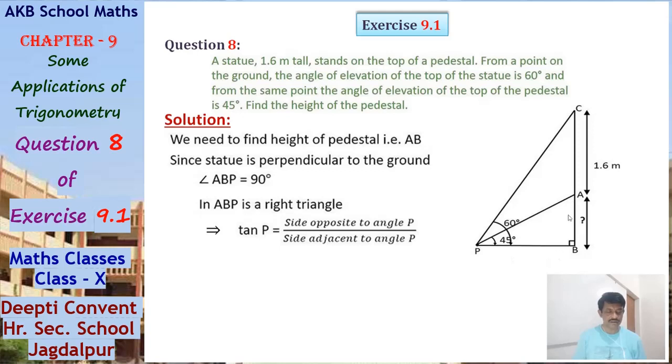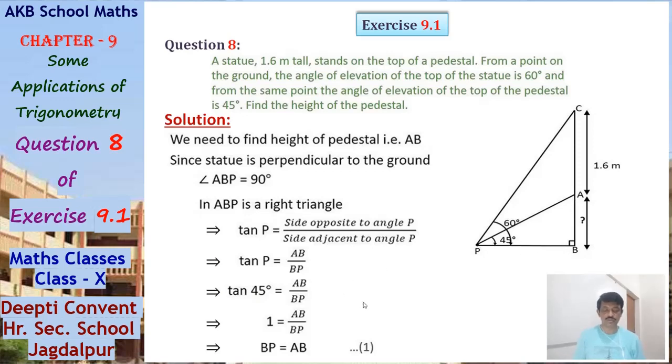So tan P equals AB by BP. Now P means 45 degrees, tan 45 is 1. So AB equals BP, that is PB equals AB. Equation 1.